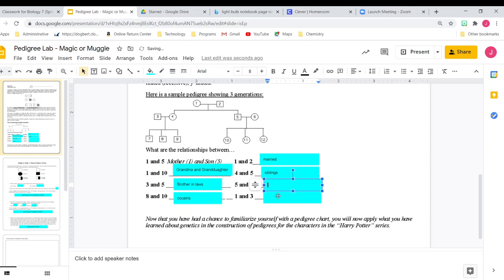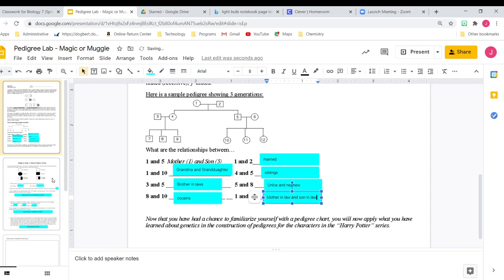And then 1 and 3, that would be mother-in-law and son-in-law, okay? All right, so those are relationships as you're going through a pedigree.